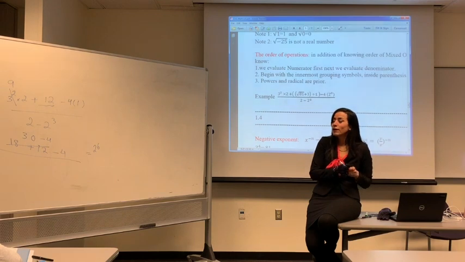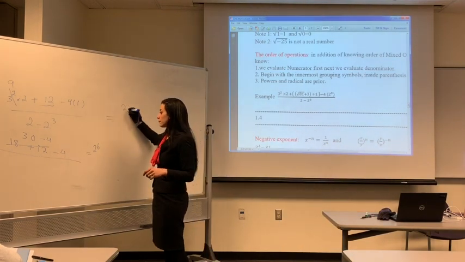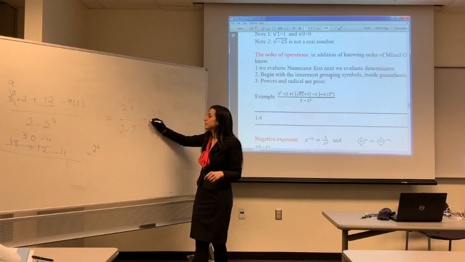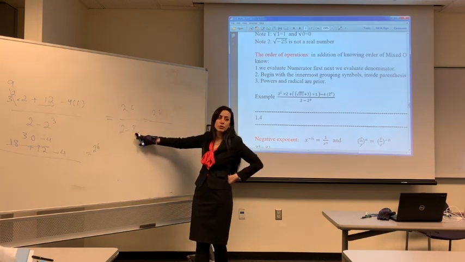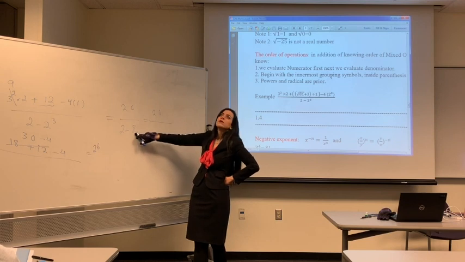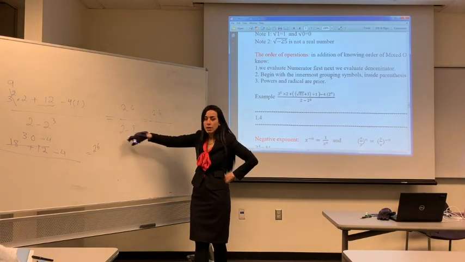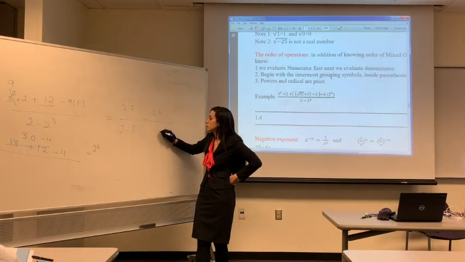We should solve that. 2 power 3 is 8. 26 divided by, we don't have power, we don't have multiplication or division, so we should just combine these two, 2 minus 8, which is -6.